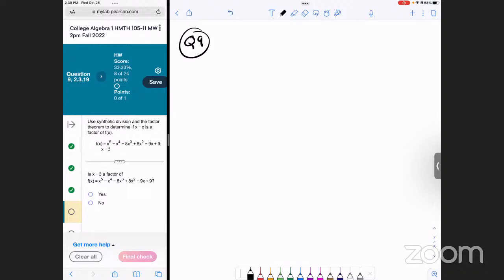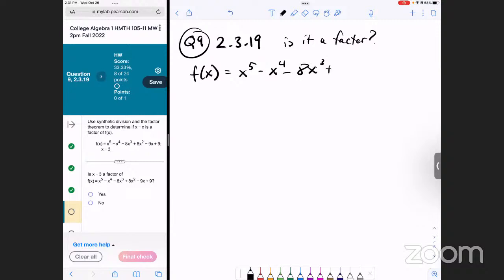This comes from section 2.3, question number 19. Is it a factor? Question mark. And so we have f of x equals x to the 5th minus x to the 4 minus 8x cubed plus 8x squared minus 9x plus 9.